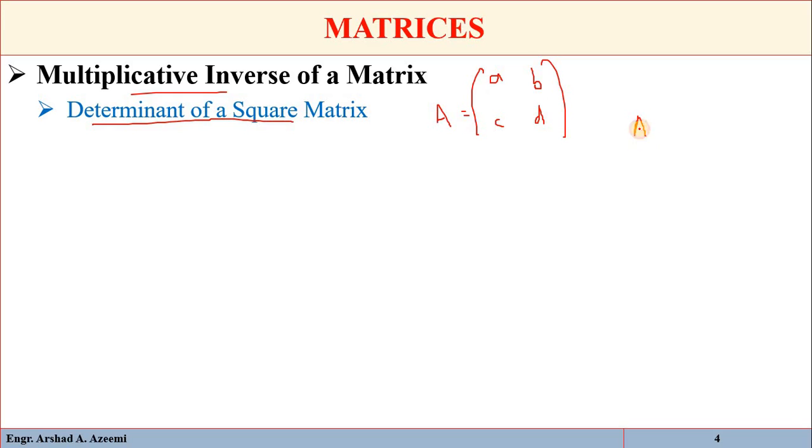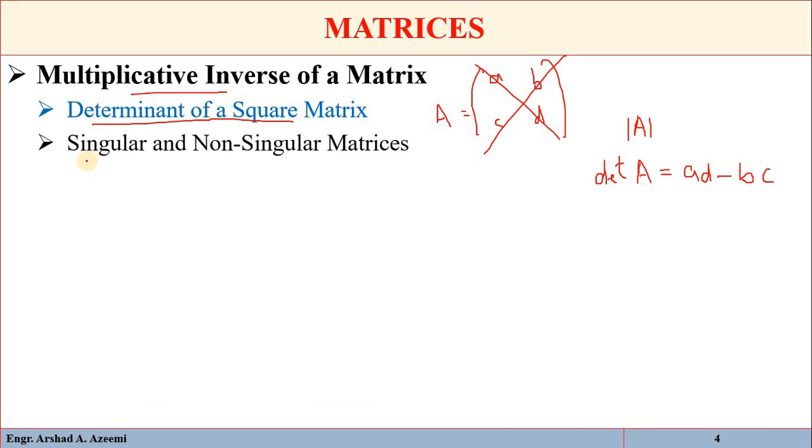That is represented by A within two parallel lines, or sometimes by det of A, determinant of A. The determinant of A is equal to the product of the primary diagonal elements, ad, minus the product of the secondary diagonal elements, bc: ad minus bc. That is the determinant of a square matrix.